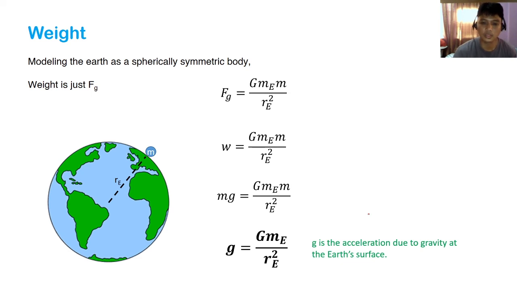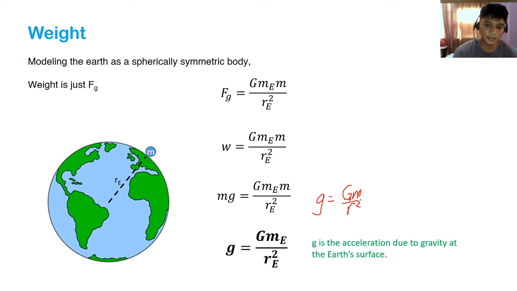This is for the Earth, but a general formula would be g is equal to G m over r squared. So this is not only for the Earth, but for any other celestial body, where m here is the mass of that celestial body.